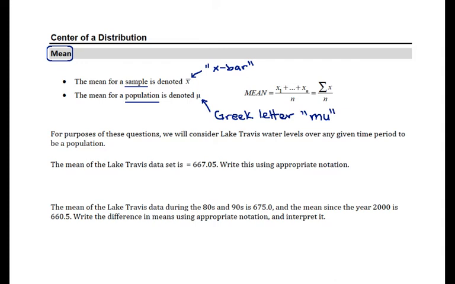In both cases, the mean is calculated the same way, which is by adding up all of the values and dividing by the number of values in the list. In this formula, you'll notice a symbol that you may not be familiar with, which is another Greek letter, capital sigma.